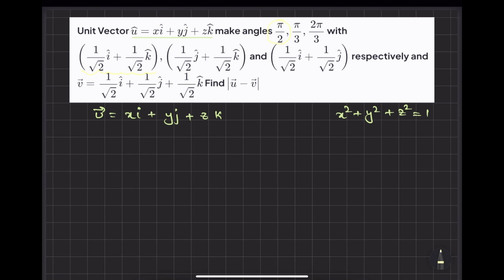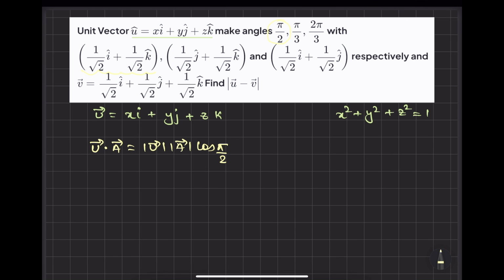So suppose that we have vector u dot vector a. So can I write mod u mod a and then cos 90? Cos 90 means what? Cos 90 is 0. So it will make the RHS component 0.